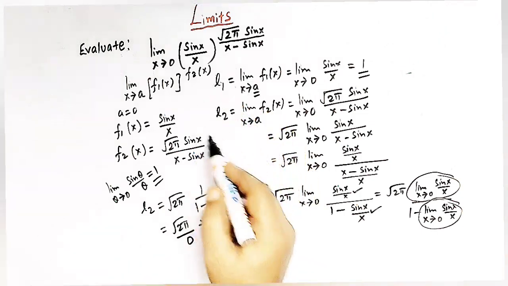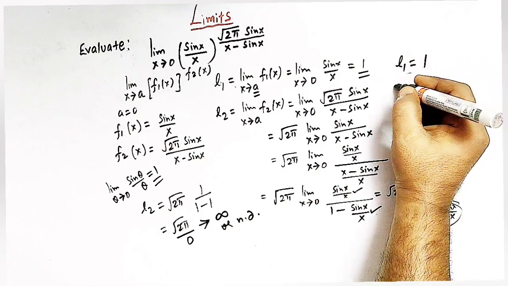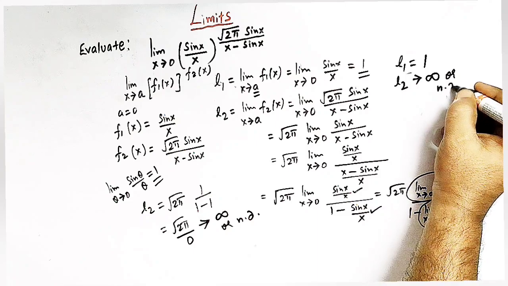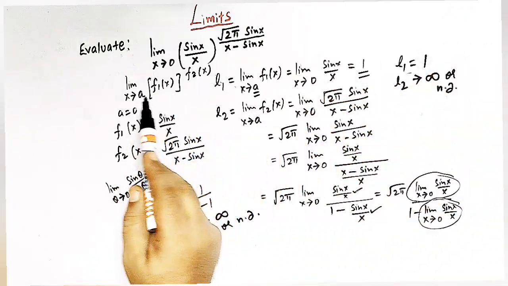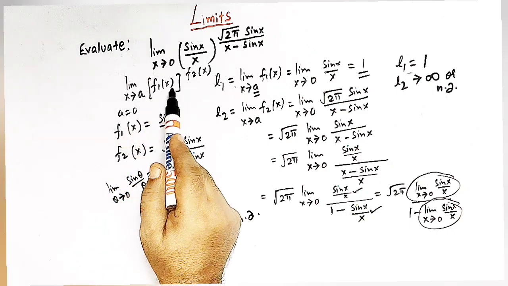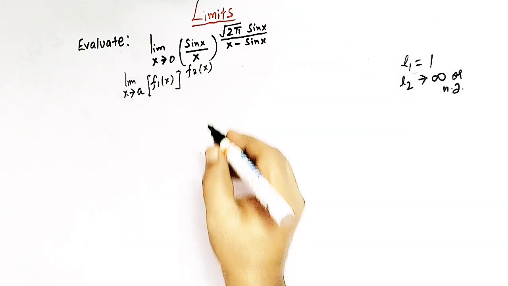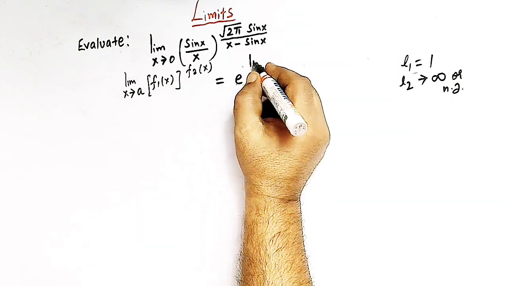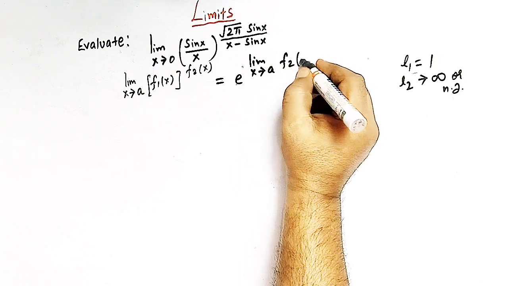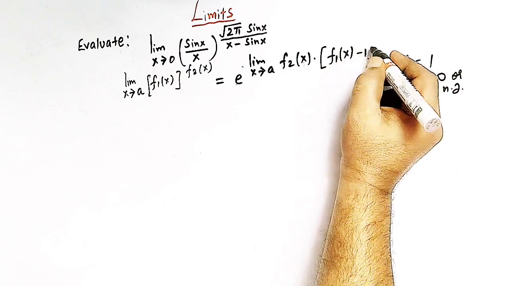So viewers, we have seen that the limit L1 is equal to 1, and L2 tends to infinity or is not defined, right? So therefore the value of this limit, that is limit x tends to a of f1(x) raised to f2(x), is given by e raised to limit x tends to a of f2(x) multiplied by f1(x) minus 1.